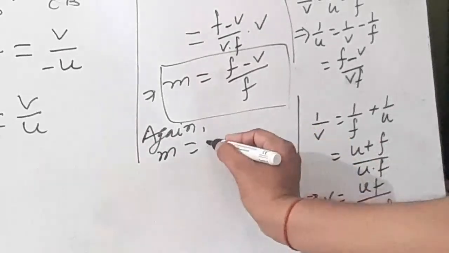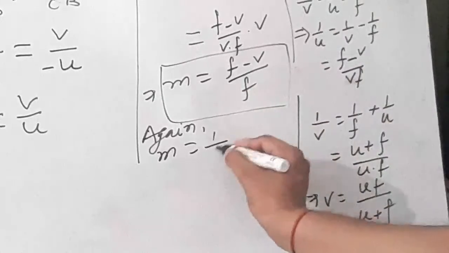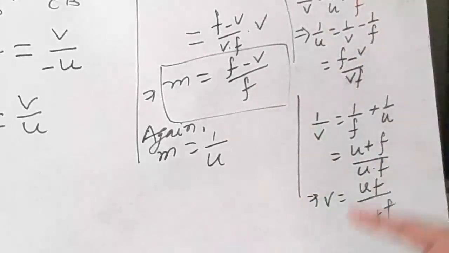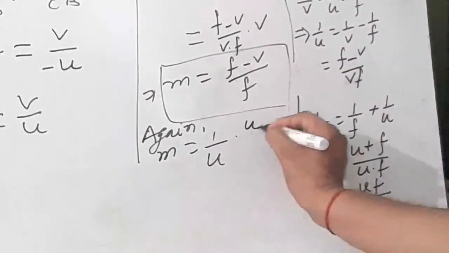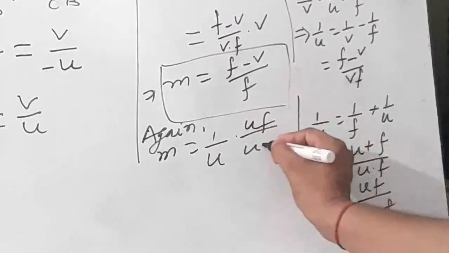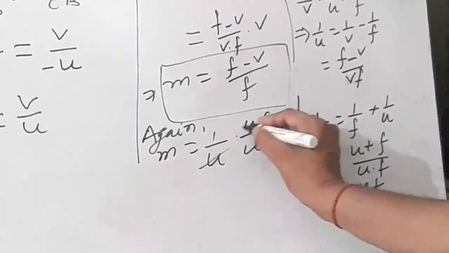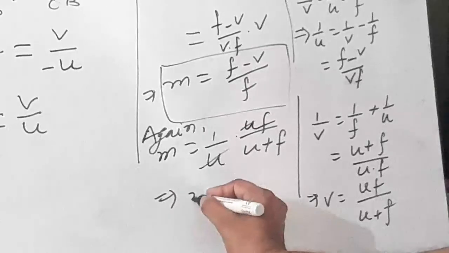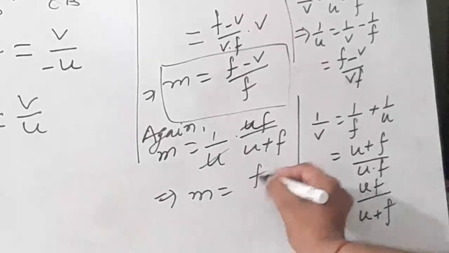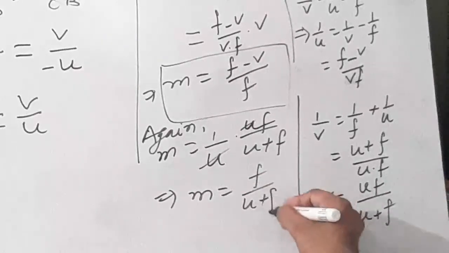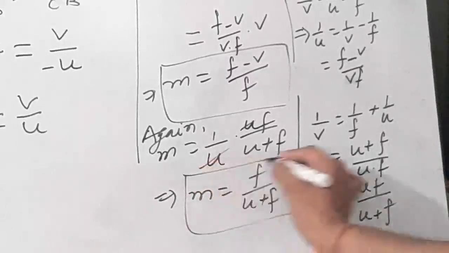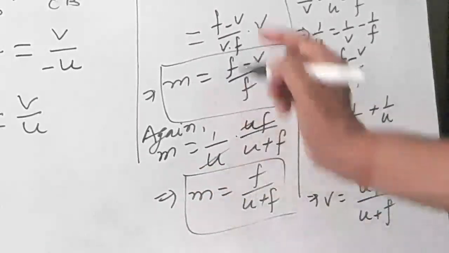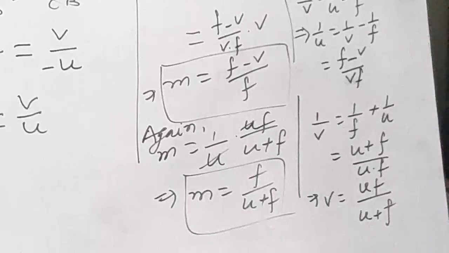And from here you can write m is equal to v by u. You should write 1 by u, and in place of v, you can write uf by u plus f. You see these two u will be cancelled out, and ultimately you will have m is equal to f by u plus f. So these two are the formula of magnification in terms of f.